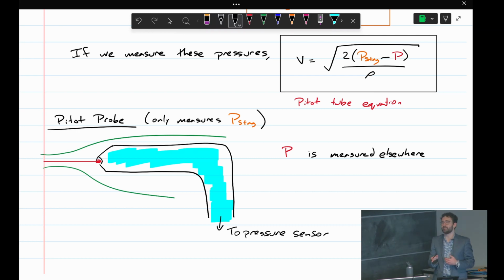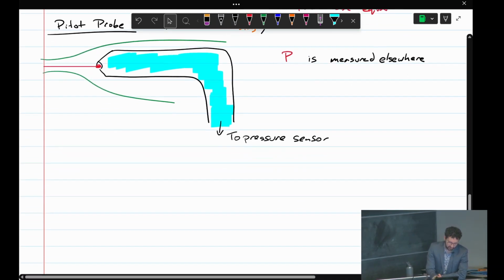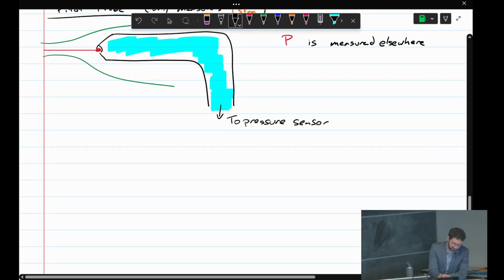The reason that P is sometimes measured elsewhere is more of a design consideration. If we measure P and we measure the stagnation pressure, we can calculate velocity from that. I would say the more common one is called a pitot-static probe.